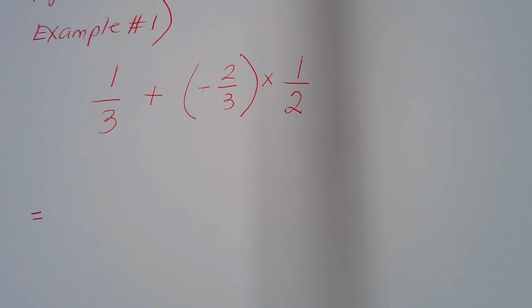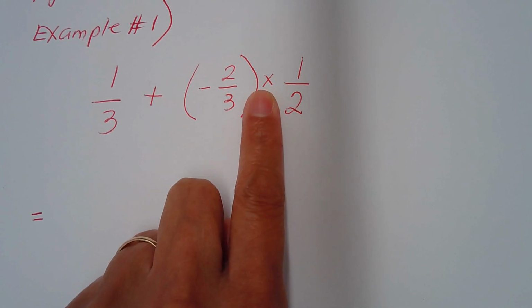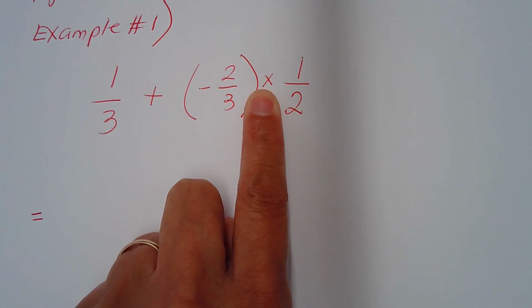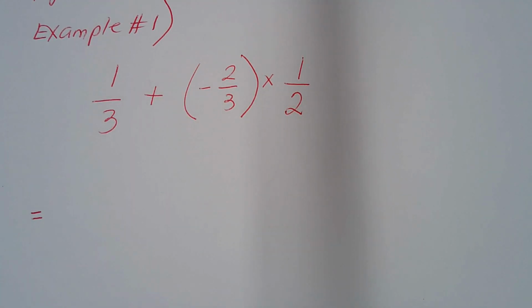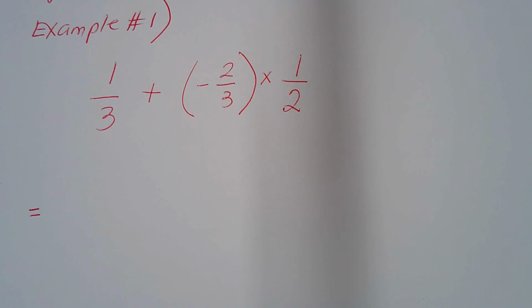So that doesn't really count for anything. So we have what? Yeah, we see a multiplying here, and what else? An addition. Okay, so according to orders of operation, which one are we going to do first? Multiplication.